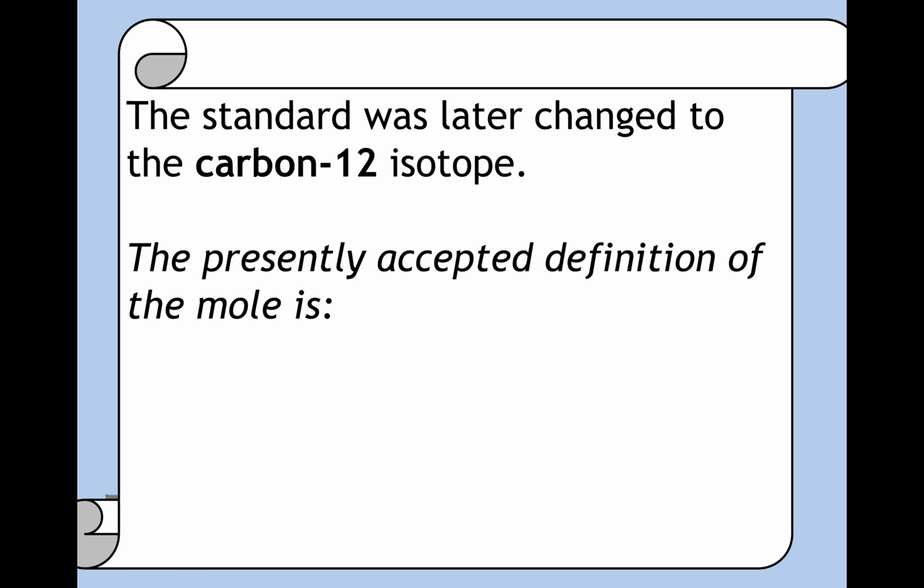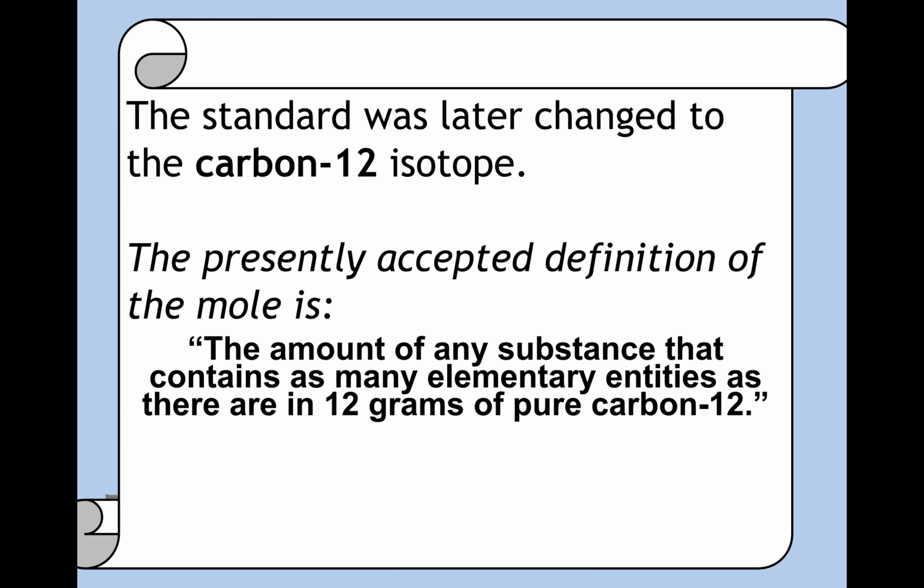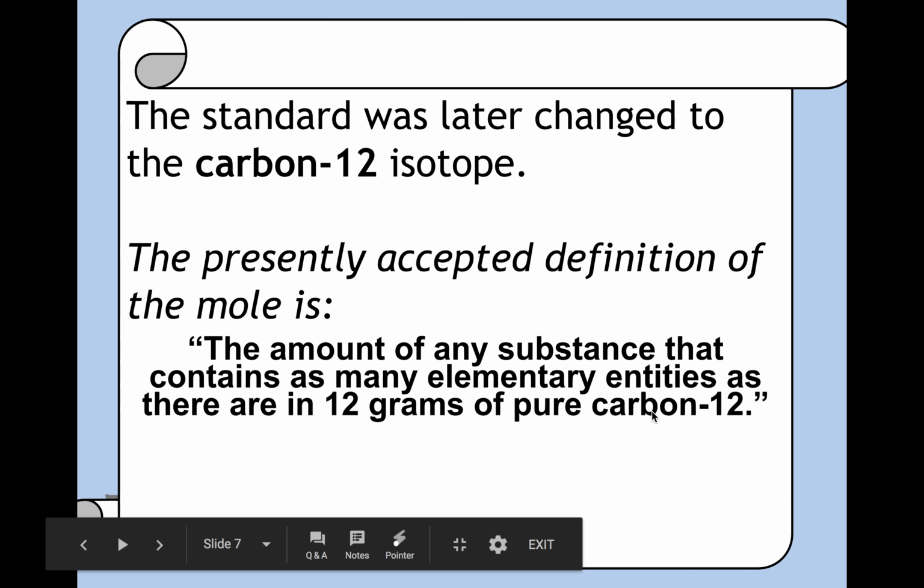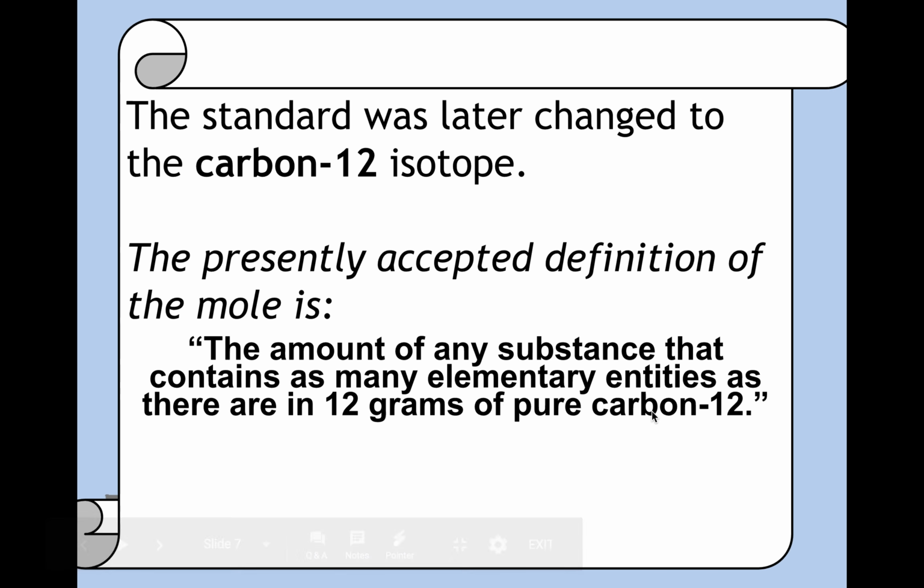Presently, the accepted definition of a mole is the amount of any substance that contains as many elementary entities or particles as there are in 12 grams of pure carbon-12. So we're basing our measurement off of carbon-12. Remember, carbon-12 is an isotope, so it would be a carbon that has 6 protons and 6 neutrons.